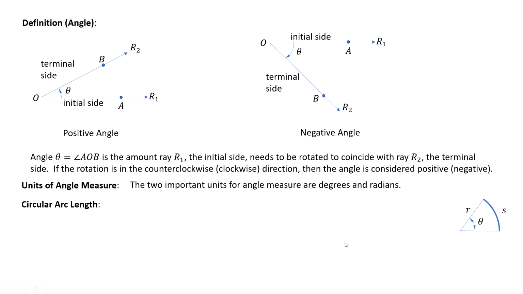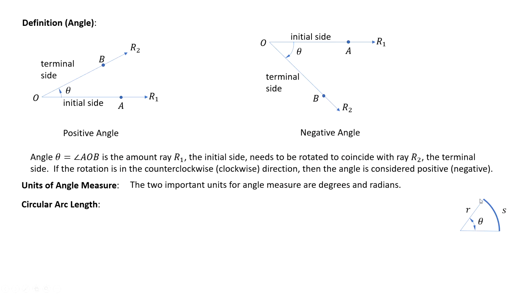Cool? All right. So if S is the arc length, and r is the radius of that circle or radius of the circular arc, then we can talk about the angle subtended by the arc.